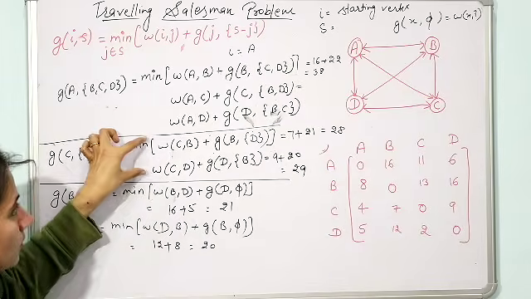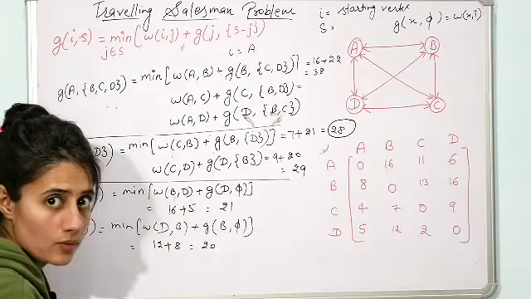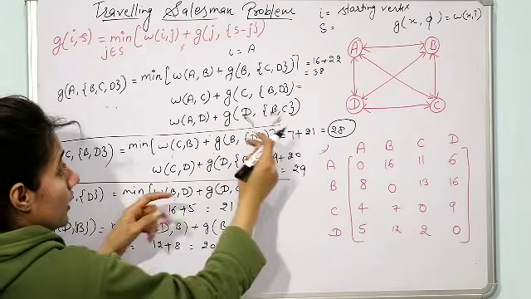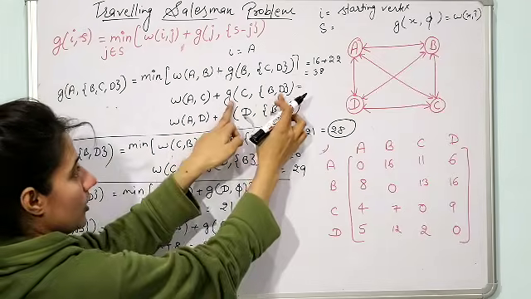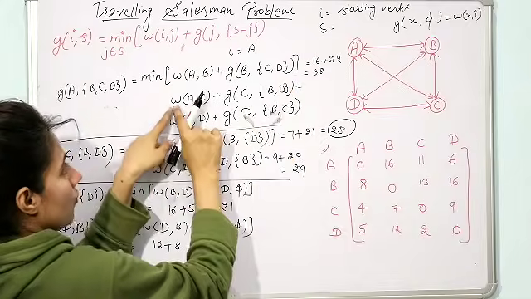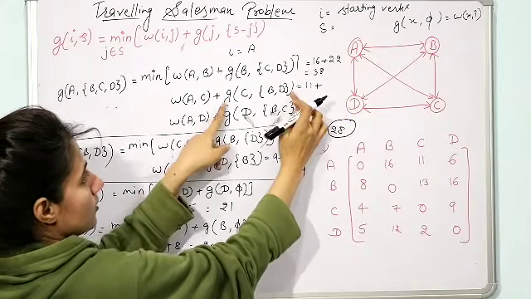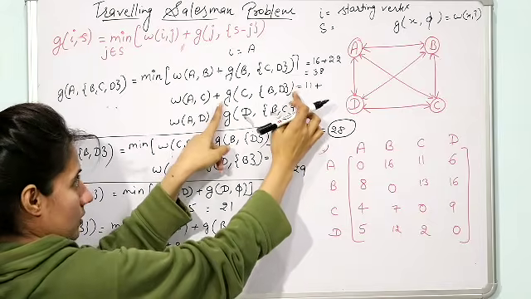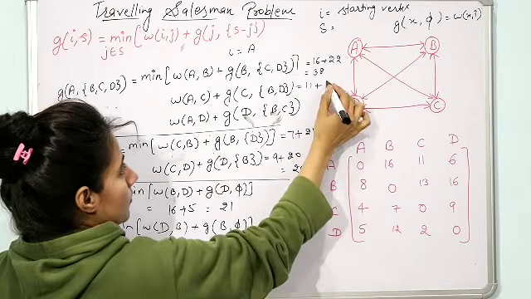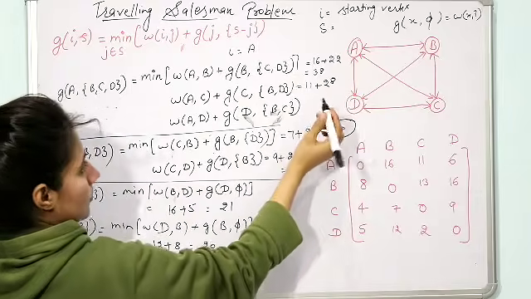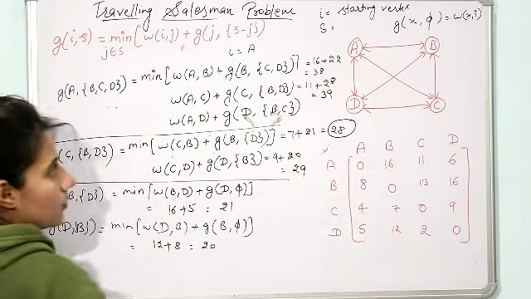So you have to select the minimum of these two. Minimum is 28, so 28 would be selected. Now we can put this value here and find this value. Weight of A to C is 11, plus the answer of this function, that is 28, and this value would be 39.